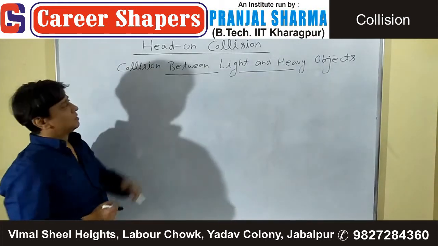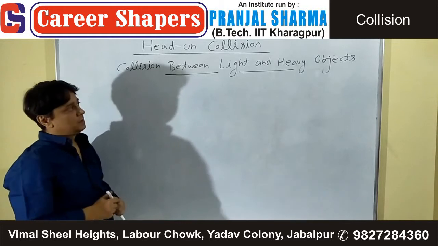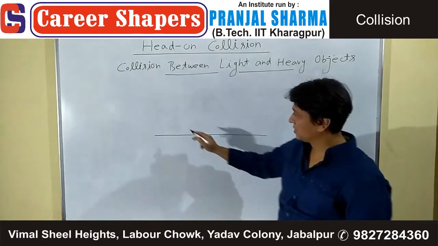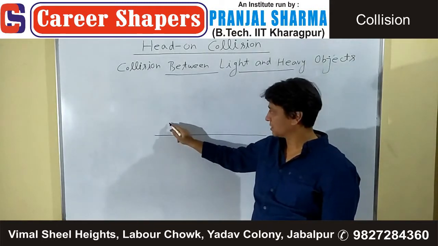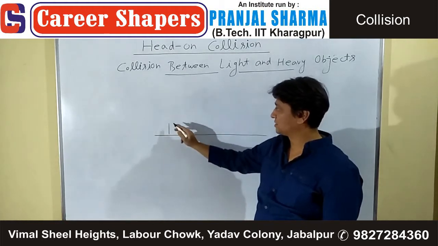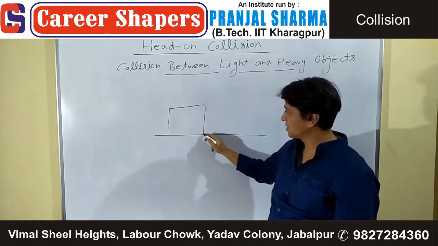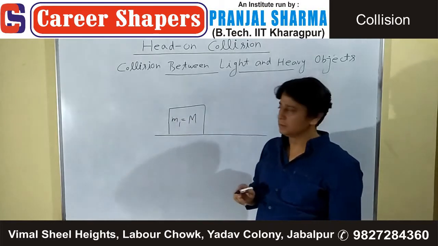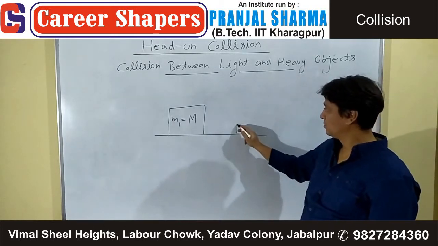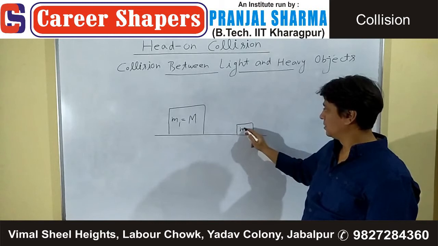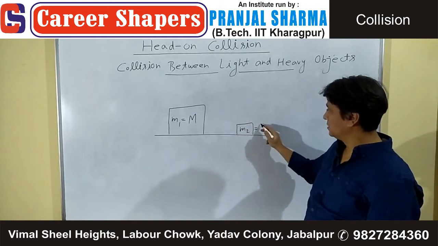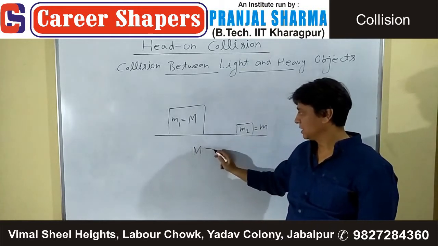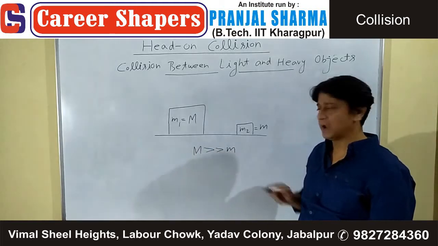Let's see collision between a light and a heavy object. Let's say there are two objects. One is M1, let's call it capital M, and M2, let's call it small m, such that capital M is much larger than small m.